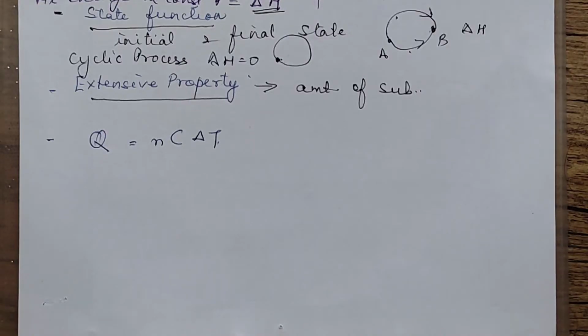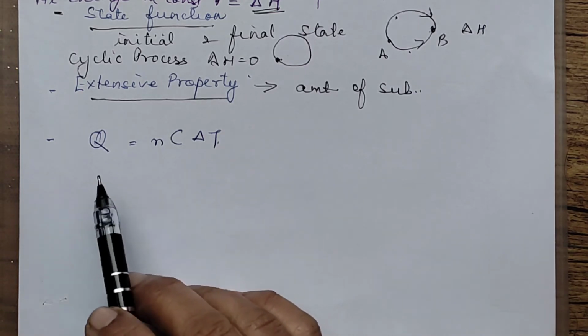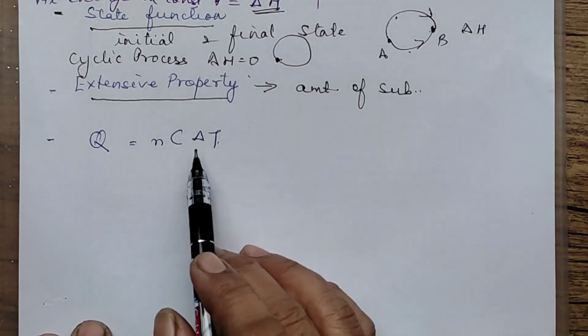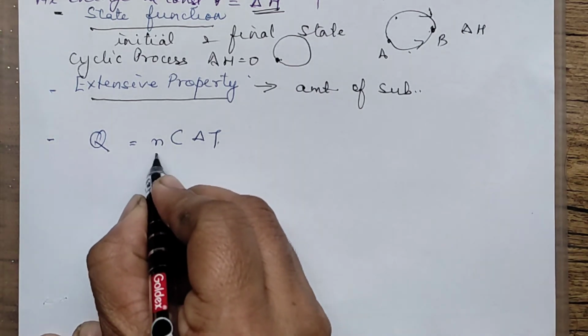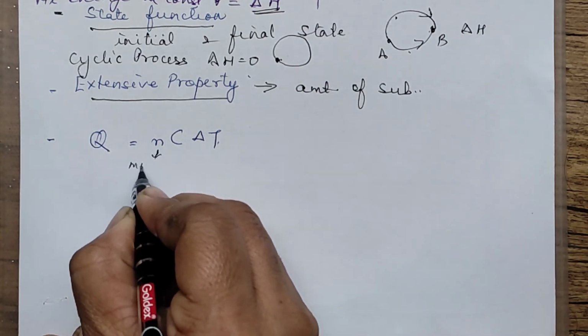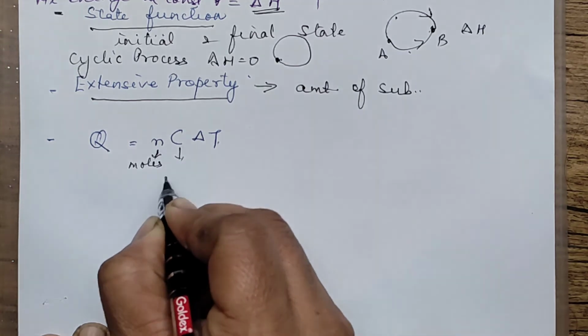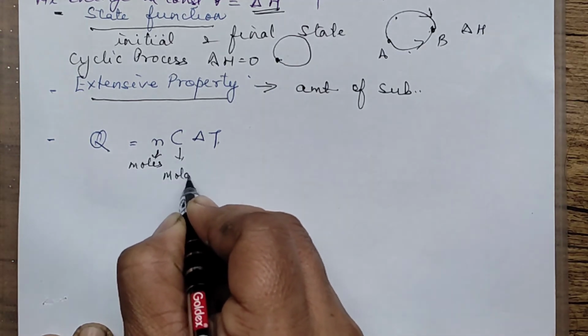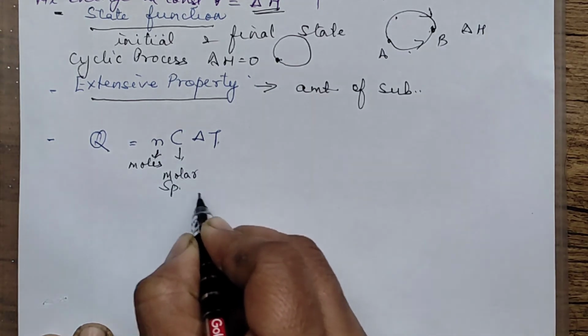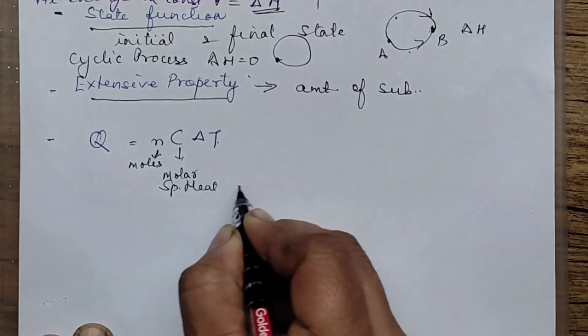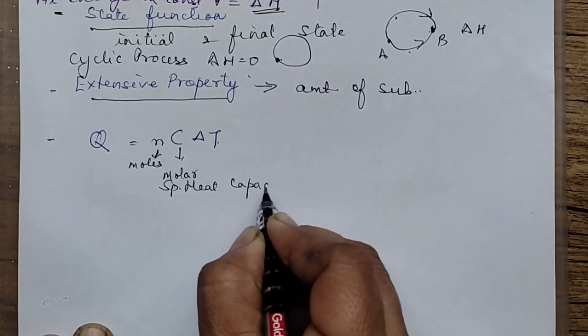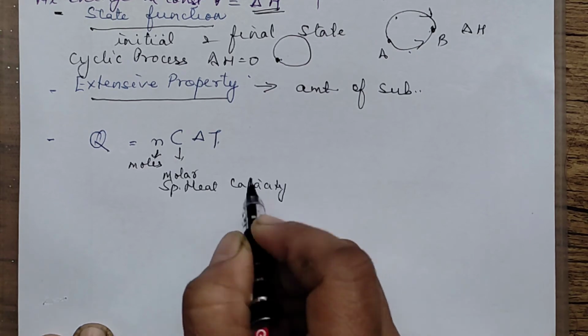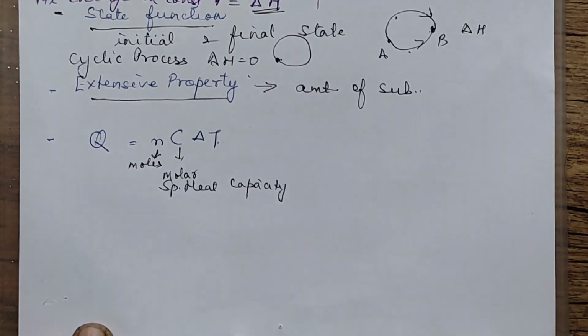Now moving on to another formula. We have studied that Q is equal to n C delta T, where n stands for the moles, C is the molar specific heat capacity, for which a video is already posted, and delta T is the temperature change.